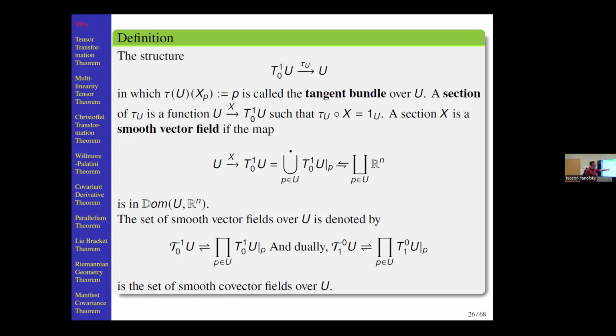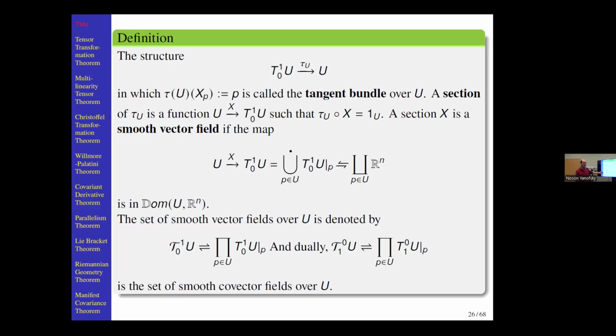The union, the total space, is really just canonically isomorphic to a coproduct of copies of Rn, because each one of these is isomorphic to an Rn, and combined with this union here turns into that coproduct there.